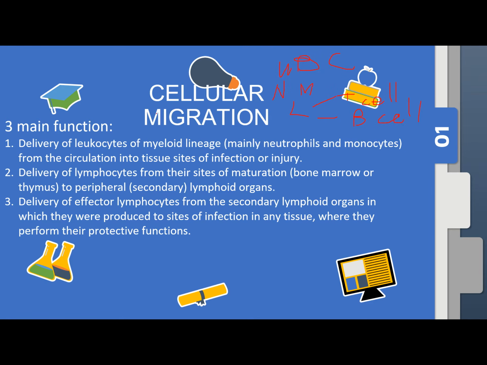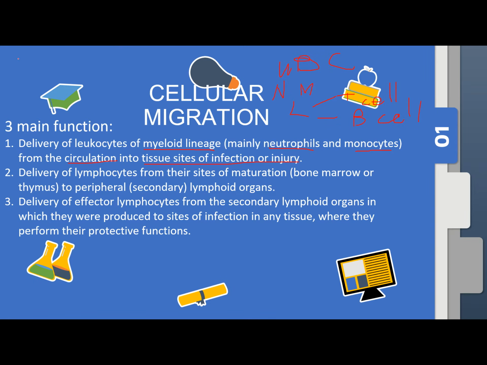Now, cellular migration has three functions. The first one is the delivery of leukocytes of the myeloid lineage. When we deal with your myeloid lineage, this would mainly include your neutrophils and your monocytes. So they are delivered from the circulation and then into the tissue sites of infection or injury.